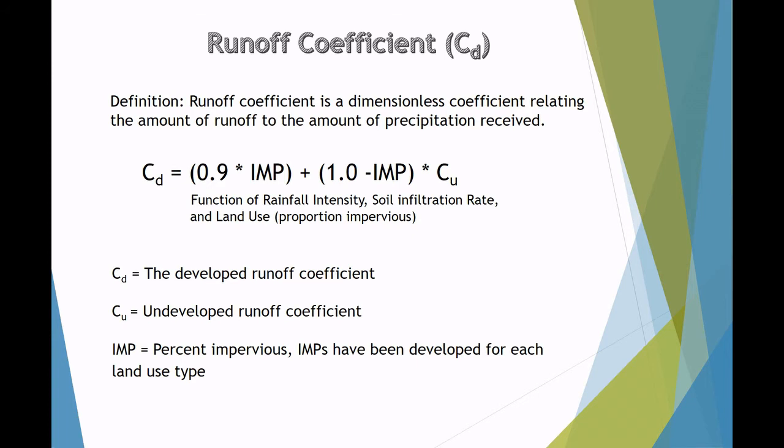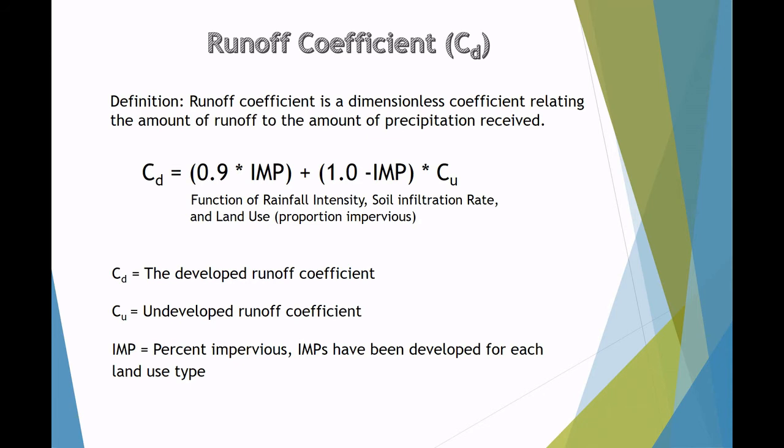It takes into consideration the effect of development in relation to a runoff coefficient of an undeveloped area and the amount of impervious area. In the equation, IMP is the percent impervious, and the imperviousness is based on land use types. Percent impervious values have been developed for each of the land use types in the county, based on the Southern California Association of Governments (SCAG) data.